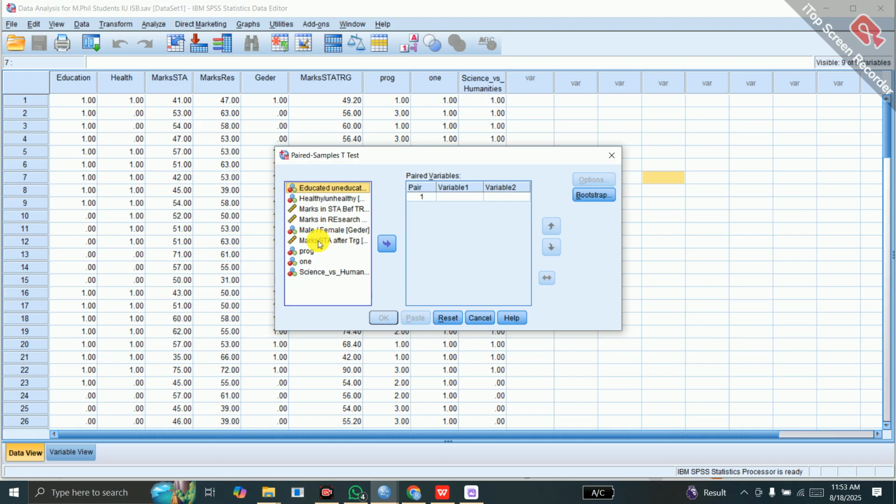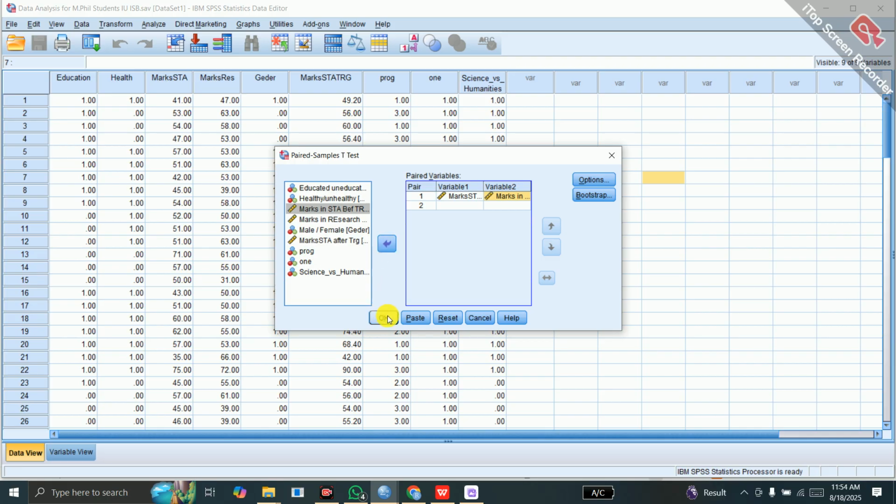So let me put this first, and let me put this second. This is a pair of paired observations for marks of students in statistical analysis and interpretation before training and after training, and we are going to see whether there is any significant difference between the means before these students were trained and after they were trained in statistical analysis.